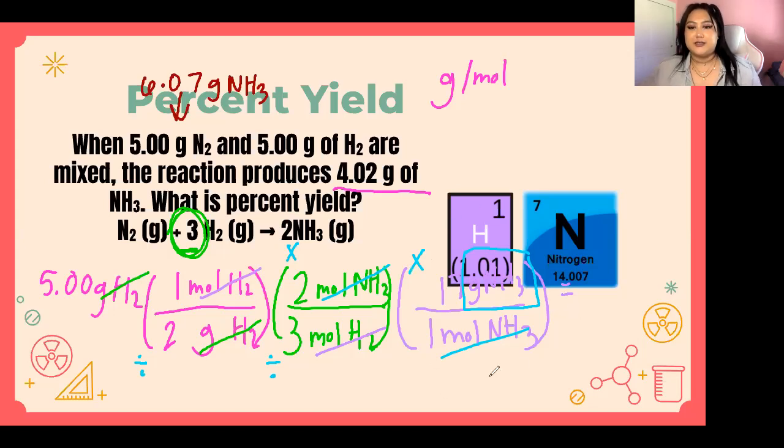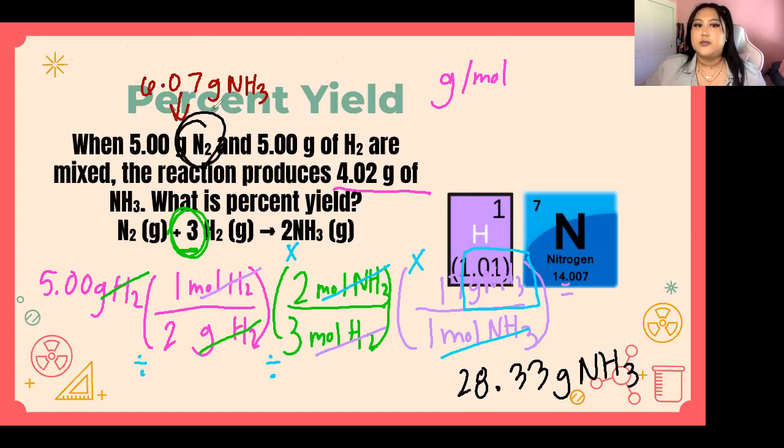What does that get us? Point 28.33 grams of NH3. So which one is our limiting reactant, N2 or H2?